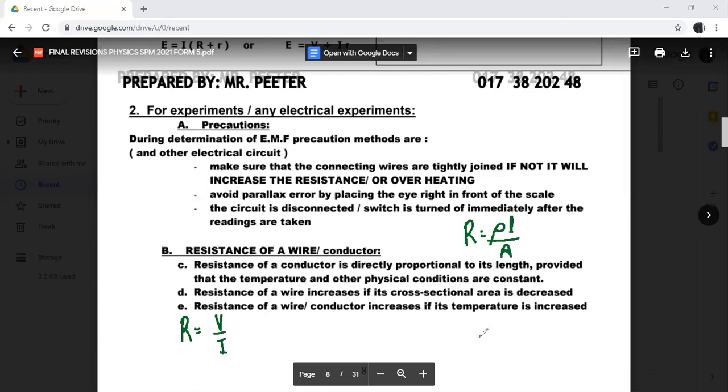So the type of material, resistivity, will influence resistance, length of wire will influence resistance, cross-sectional area will influence resistance, and also temperature. Temperature will influence resistance, right? So these are the things that you have to know. Type of wire, length of wire, cross-sectional area, thicker and thinner, okay? So these are the things you have to know.